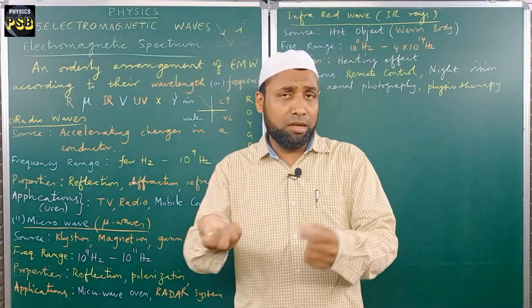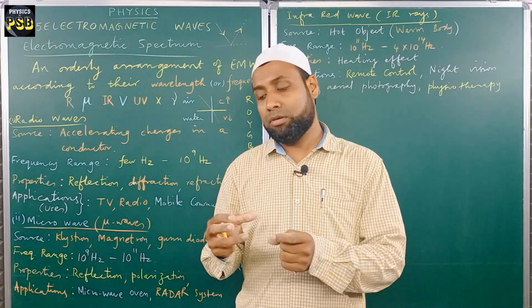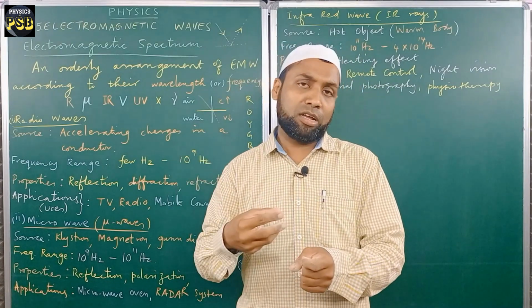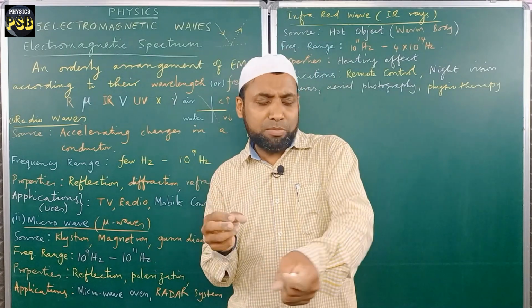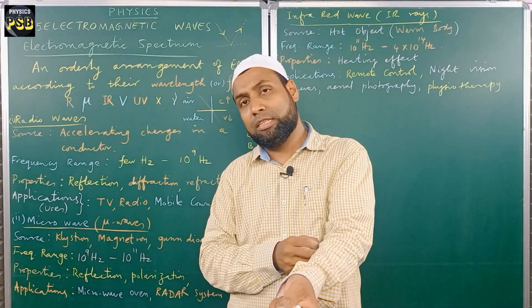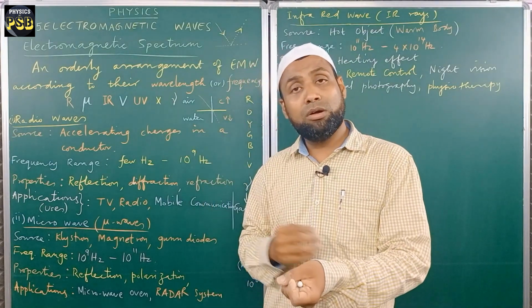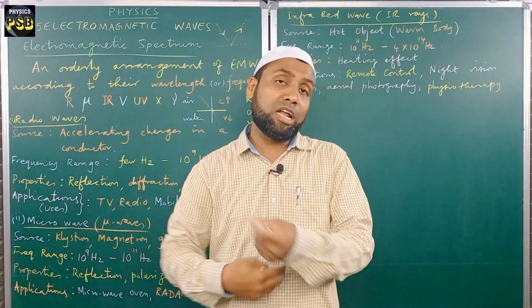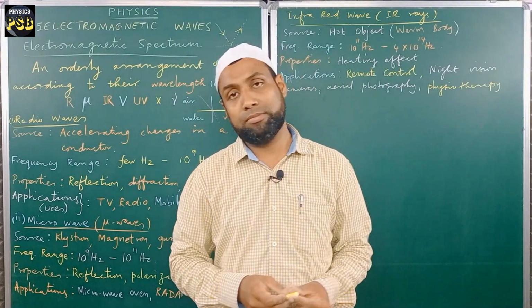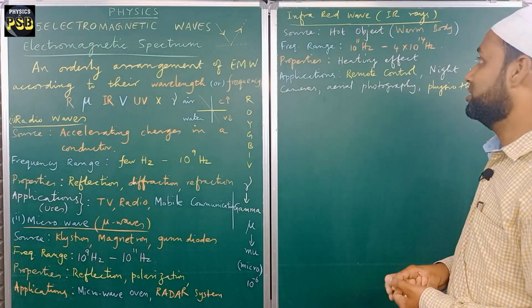In such a case, they use an infrared lamp, which emits infrared radiation continuously. That infrared radiation is made to fall on that particular part of the body. So it is helpful to treat this kind of sprain in the body. These are some of the applications of infrared rays.